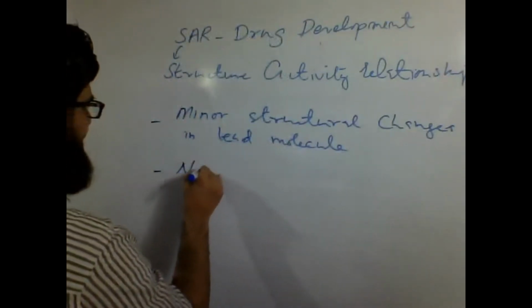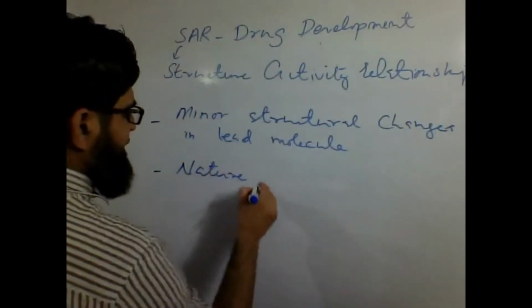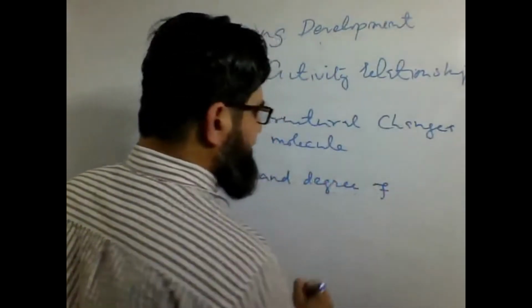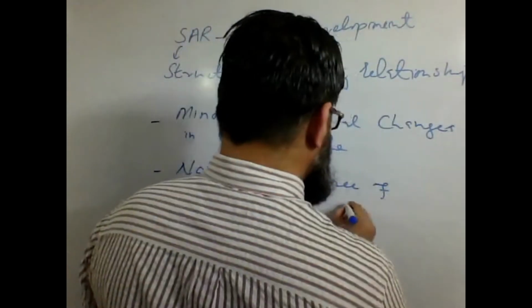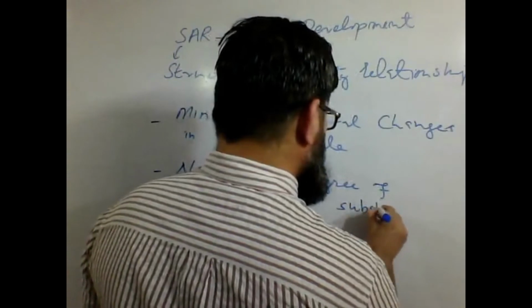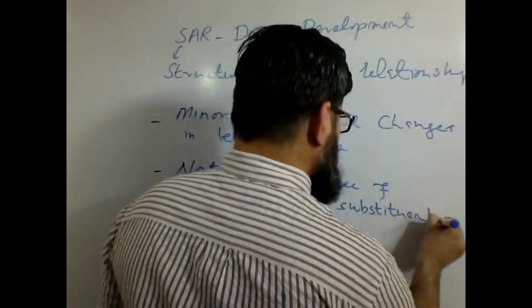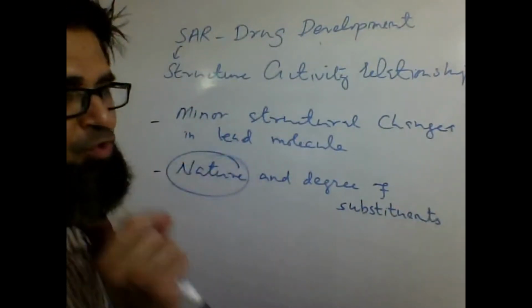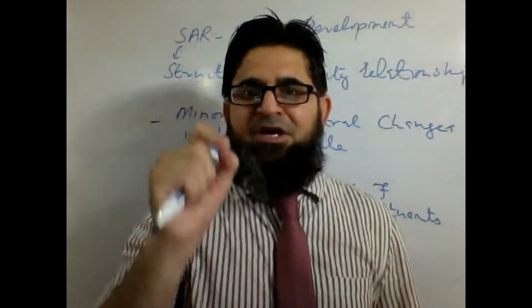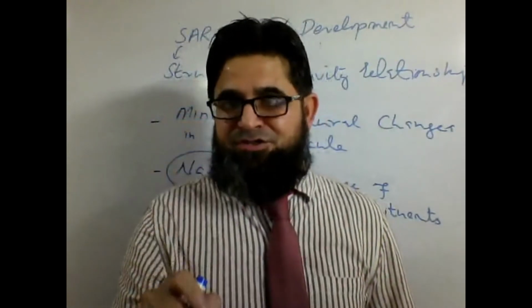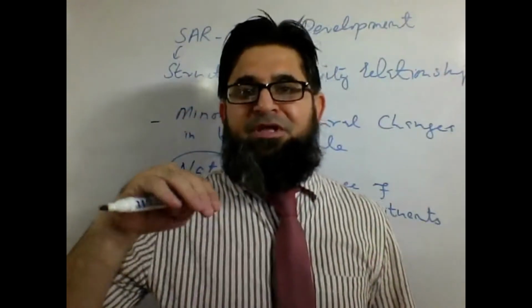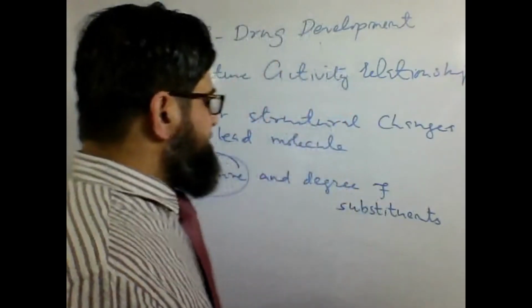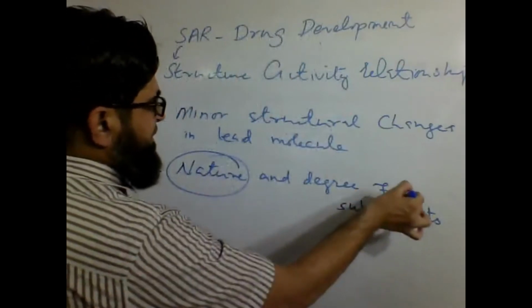We could change the nature and degree of substituents. Those substituents which are already present in the lead molecules, we can change their nature. We can make them polar, we can increase their polarity, we can decrease their polarity. Similarly, we can change the degree of substituents.